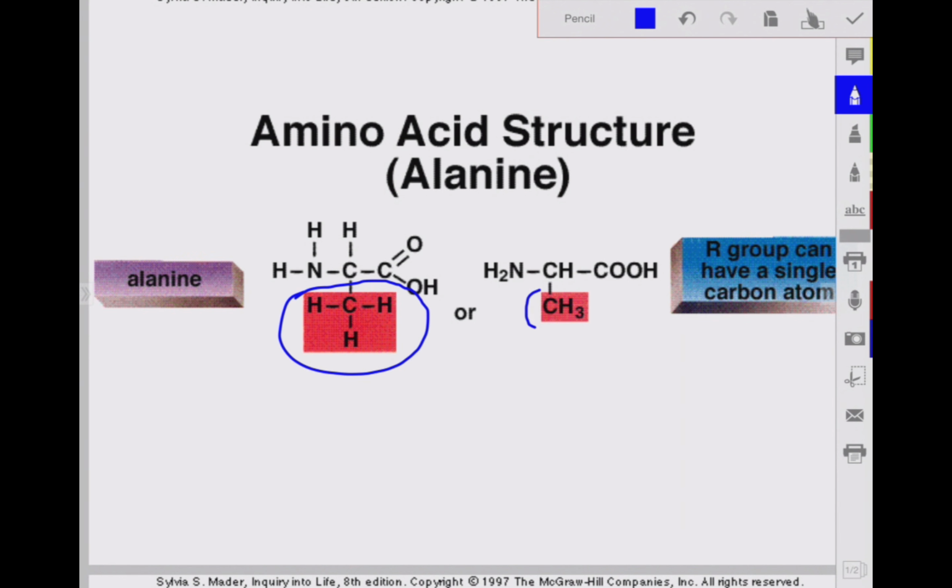That's more of its accurate name. Now you're seeing it drawn two ways. The way on this side here, that's sort of what we call empirical. It doesn't give as much information about the three-dimensional structure, showing how the bonds, the angularity is really formed. This is a little bit more accurate on the left. Takes up more space, so it's empirical versus biochemical. Anyways, it's alanine.